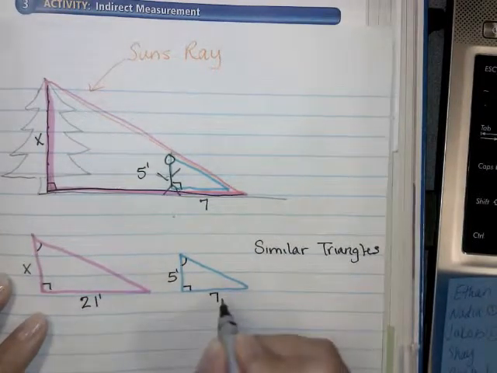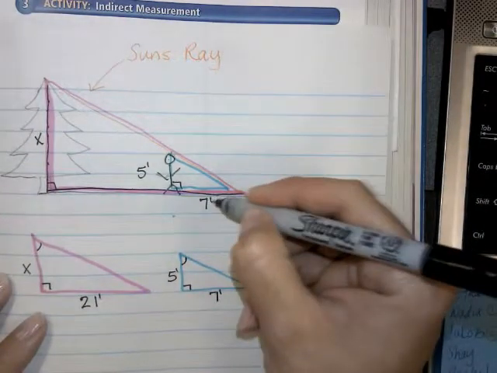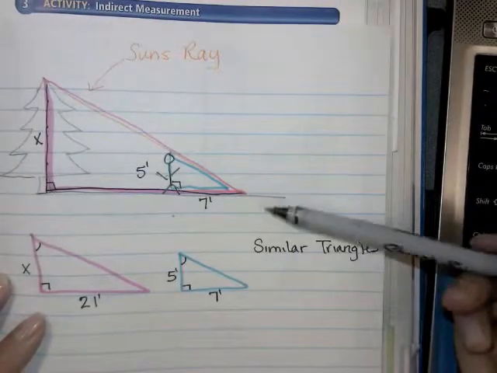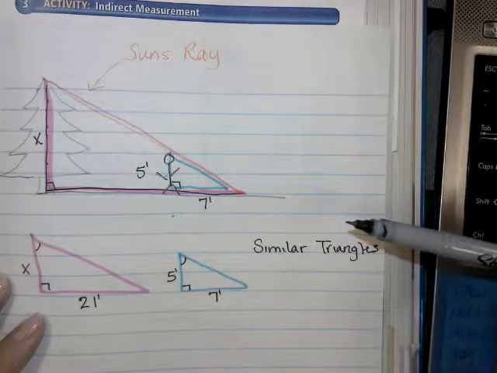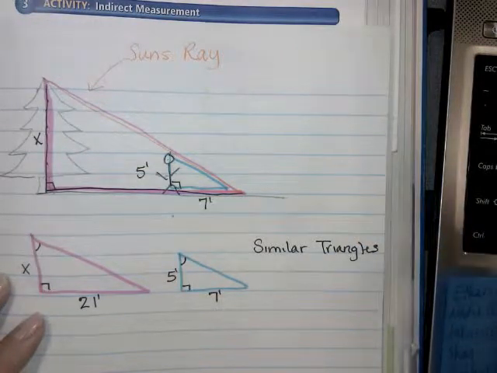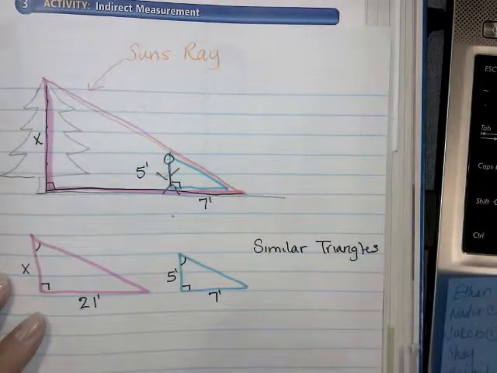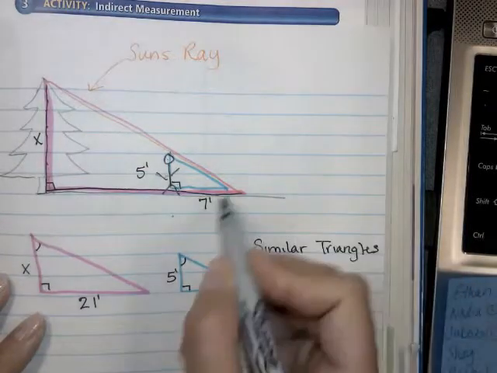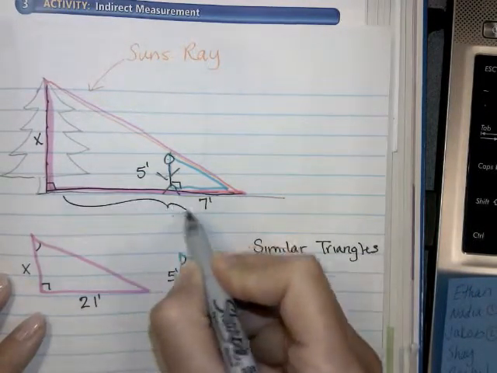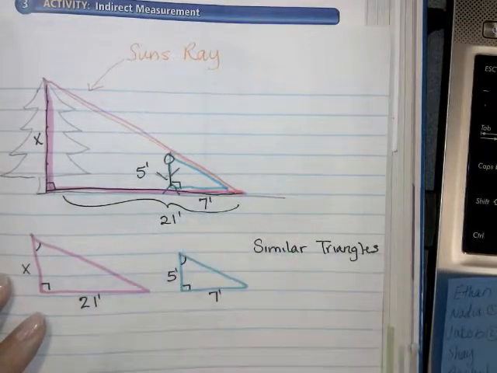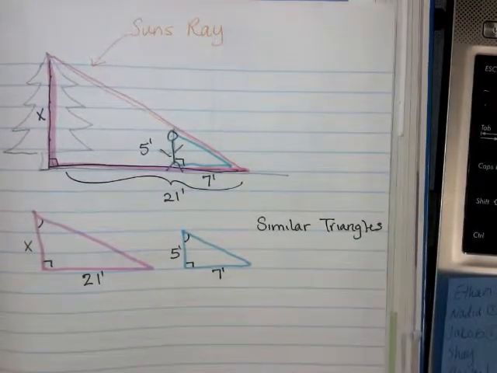Now, I'm doing these all in feet. Be careful. Sometimes you will be given a problem, and some of the dimensions will be in inches, and you'll have to convert them so that they're all the same. So if I told you that that was 7 from here to here, and the whole thing is 21, that's where those dimensions came from.